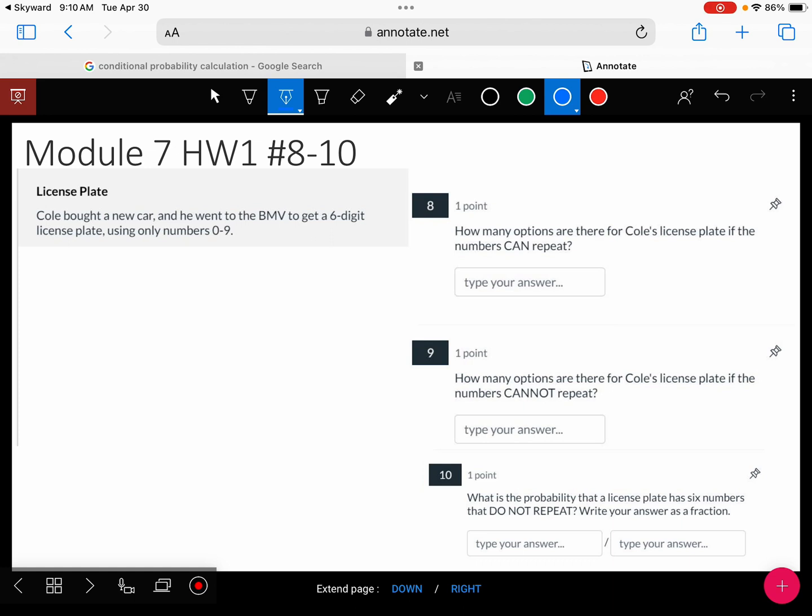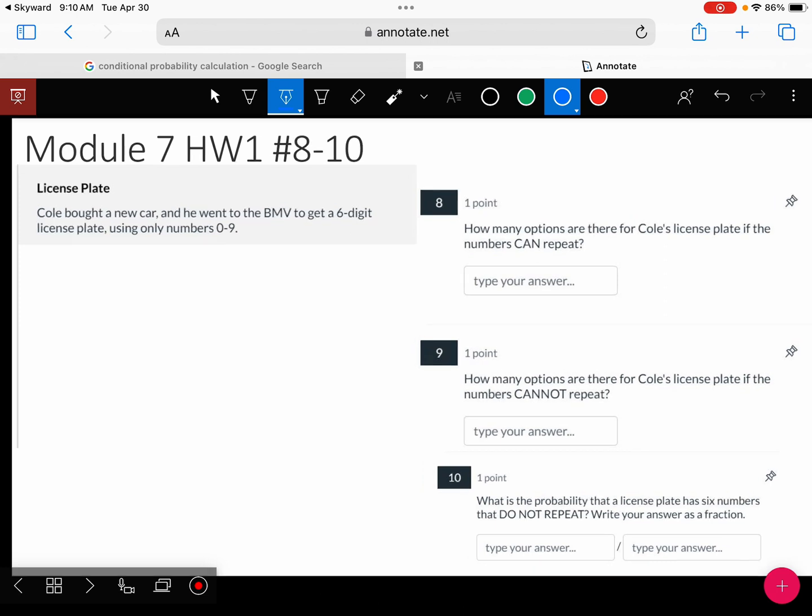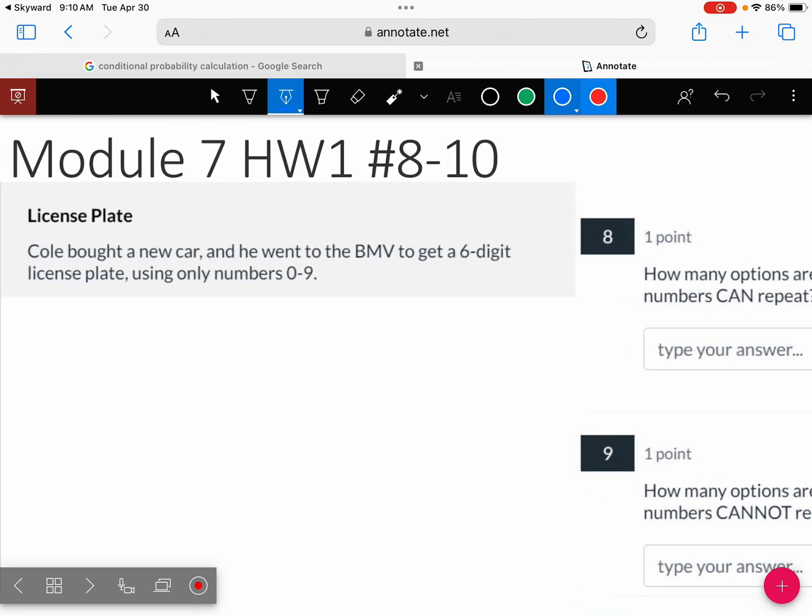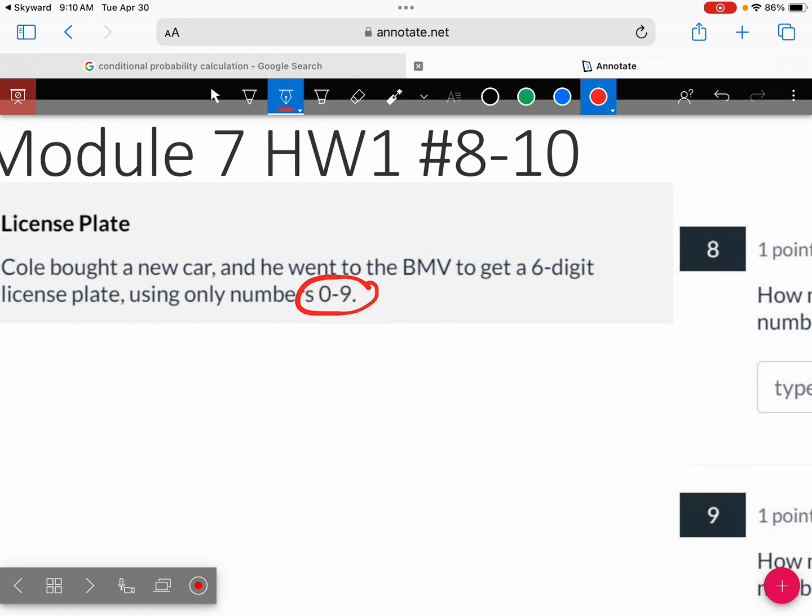Now these are test questions. All right, it says Cole bought a new car and he went to the B&B to get a 6-digit license plate using only numbers 0 through 9. So if I'm only using numbers 0 through 9, that's 10 numbers.